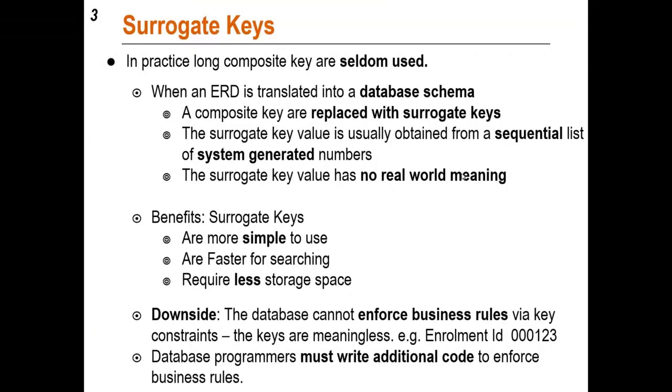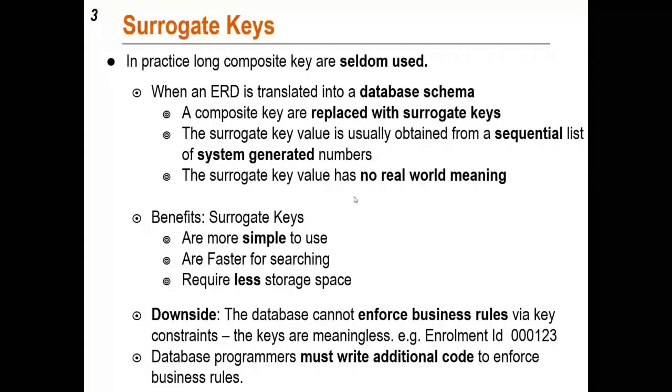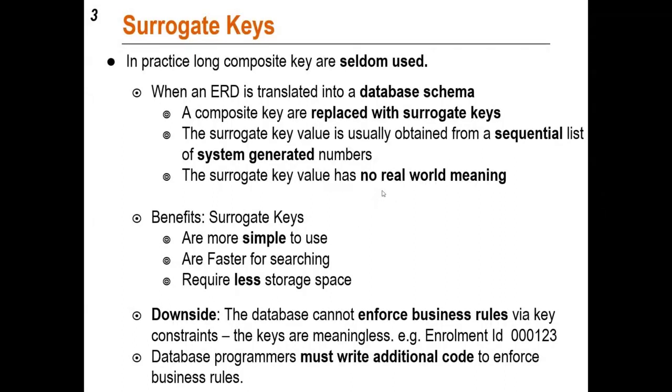Even if you use Microsoft Access, there is a function called AutoNumber, so you can use AutoNumber to generate surrogate keys instead of composite keys.